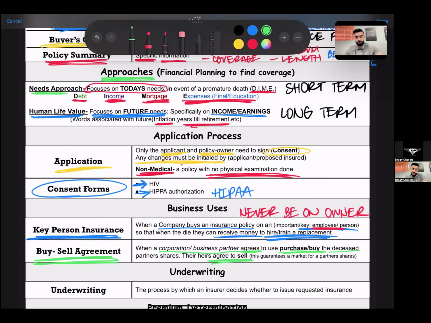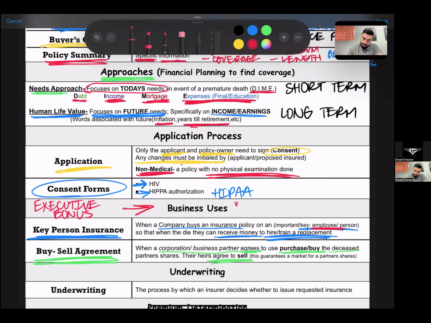Okay. And the third one that I mentioned that I wanted to give you guys is what is known as an executive bonus. So, what an executive bonus is, and let me write it over here.